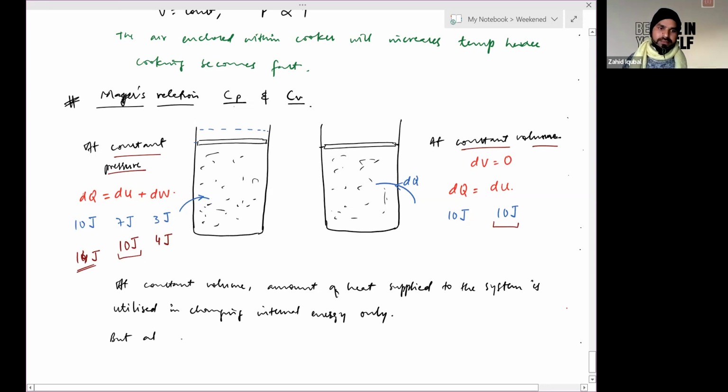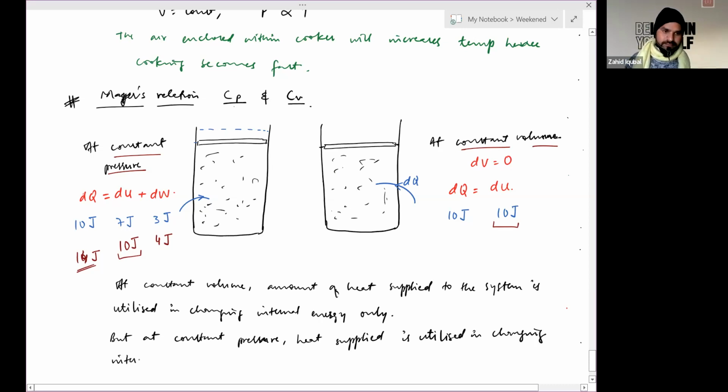But at constant pressure, the heat supplied is utilized in changing internal energy as well as doing work.